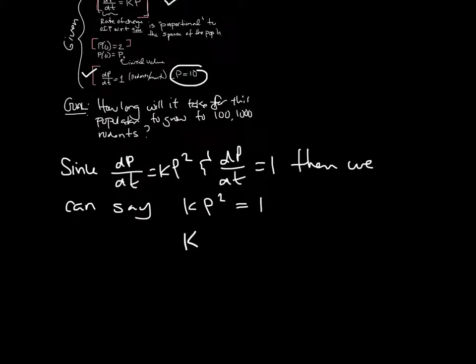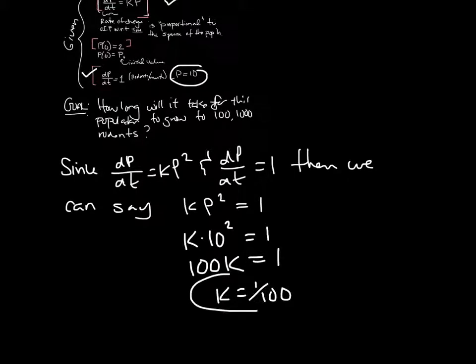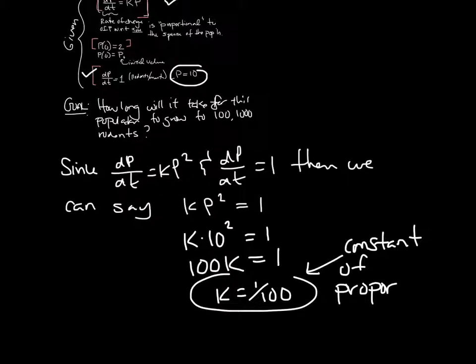So we have k times 10 squared equals 1. This is really 100k equals 1. So k is 1/100. And k, again, is actually called the constant of variation or constant of proportionality.